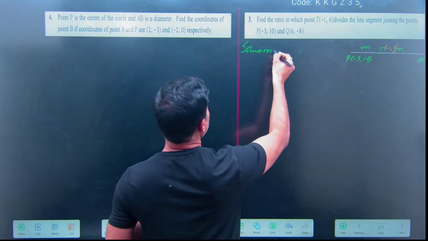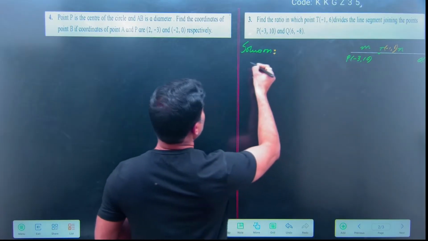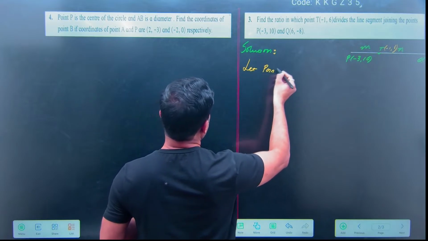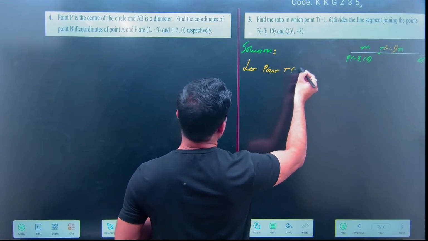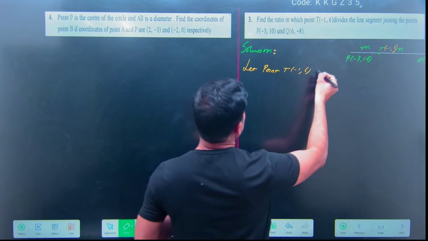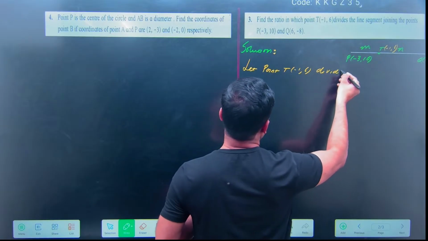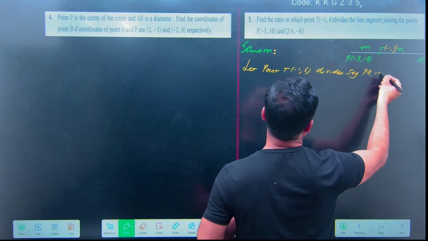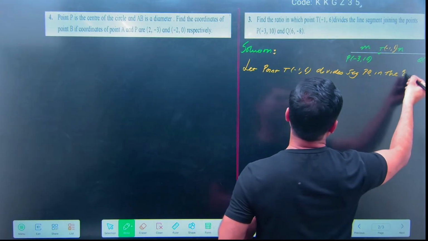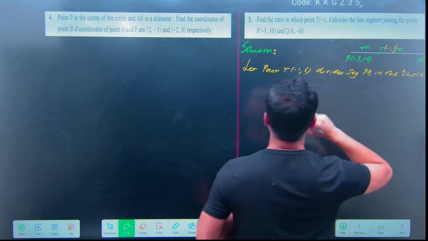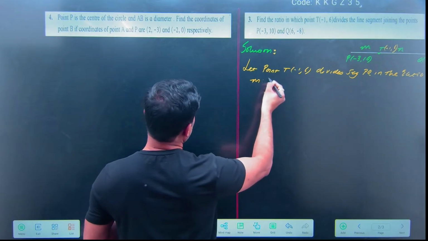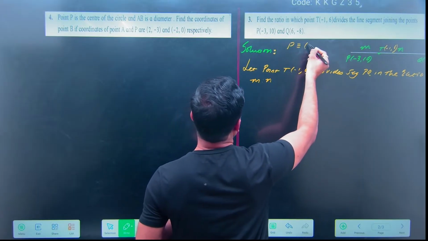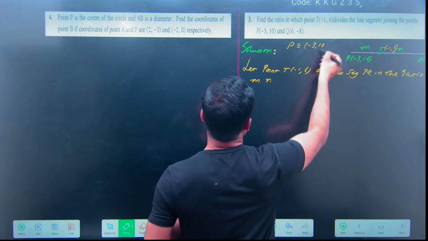So again, you don't need to draw the diagram. Here we only have to assume. Let point T divide segment PQ in the ratio m:n. So this we only have to assume. And meanwhile we can write the given points with coordinates as it is.